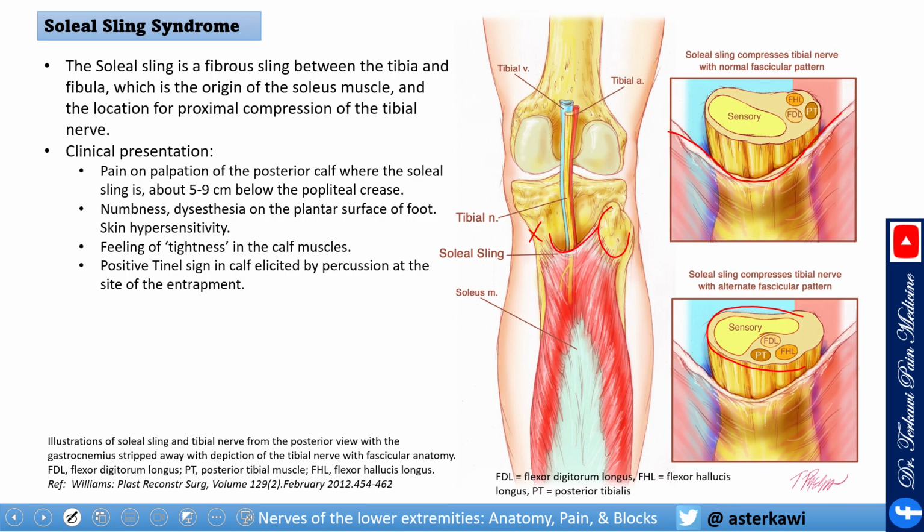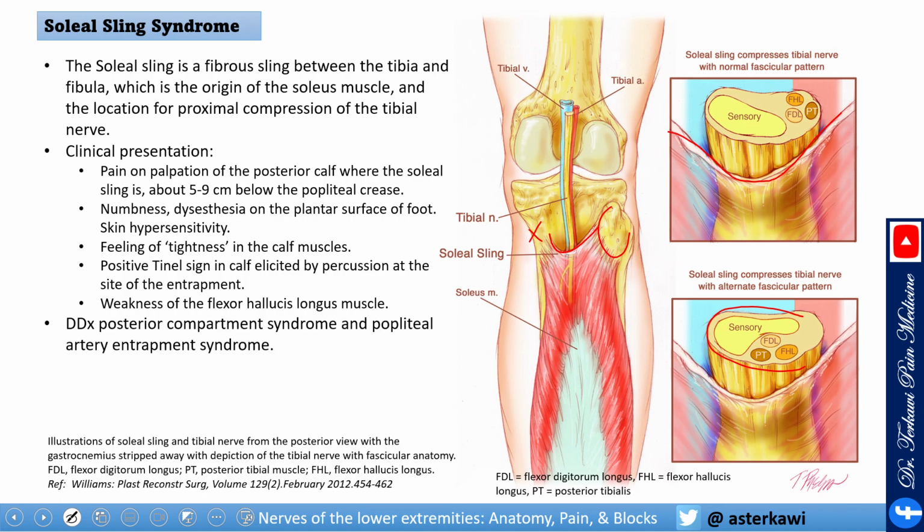You may have a positive tunnel sign elicited with percussion at the site of the entrapment. You might have also weakness of the flexor hallucis longus muscle, which is one of the muscles innervated by the tibial nerve. So for differential diagnosis, think about posterior compartment syndrome, and popliteal artery entrapment syndrome.